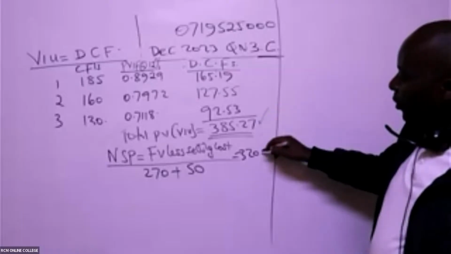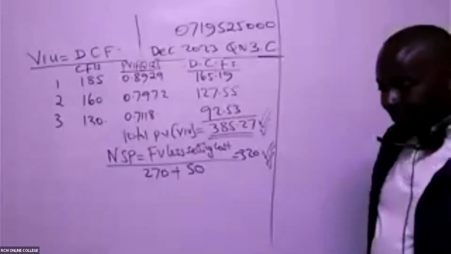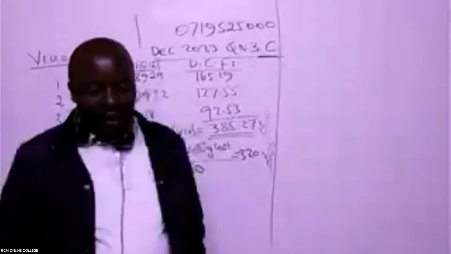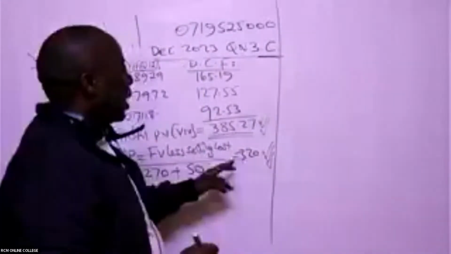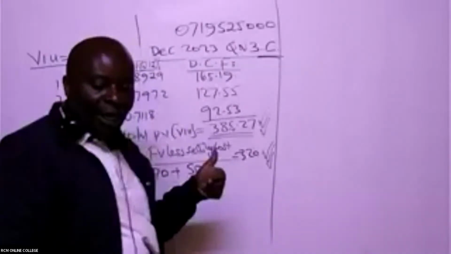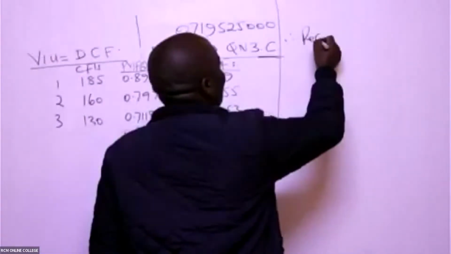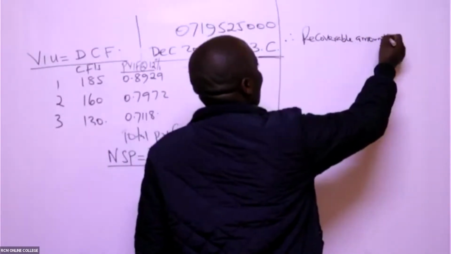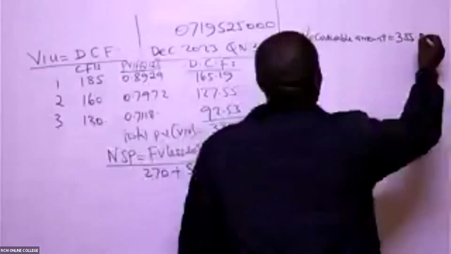So what do you think these two parameters will help Mwalimu ascertain? To get the recoverable amount, you compare the two and pick the higher. So recoverable amount will be the higher of the two, which is 385.27.